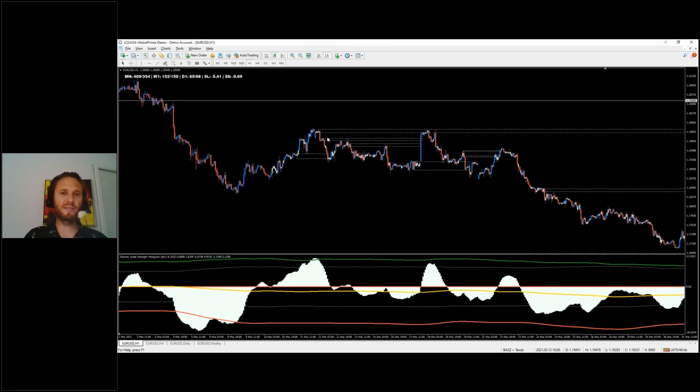Price formed this pattern right here in the middle of nowhere. This is another parent, this is a parent. This one here is a child, and it is a child because this is not supply, this is a reaction to supply. This is the supply, this is a reaction to it, but the software is going to show it to you anyway.